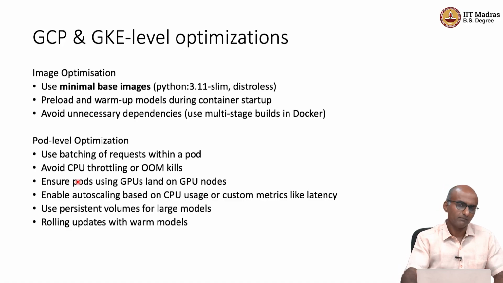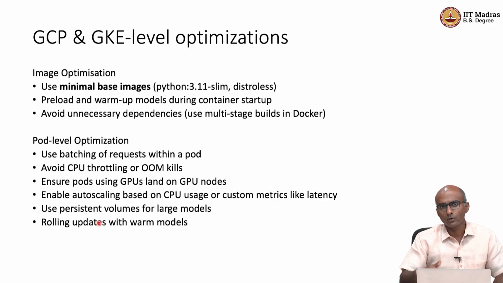So that's a pod level mapping that can happen because that's very useful for ensuring that the efficient utilization of resources happens correctly. Persistent volumes are a great way to make sure that large models which have been loaded up by pods remain accessible even if the pod were to be shut down because of various reasons.